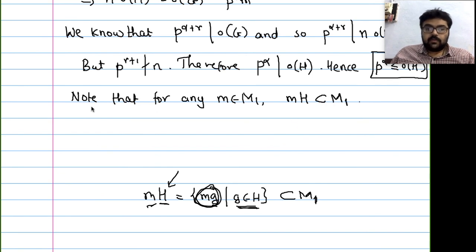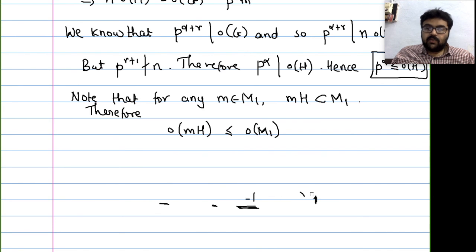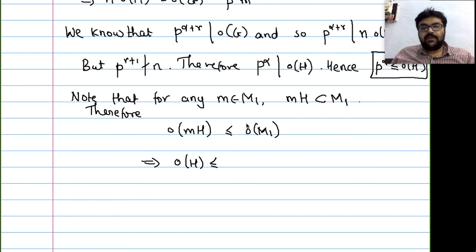Therefore, order of MH, the number of elements here, is less than or equal to the number of elements in M1. Right? But what is order of MH? H is a subgroup, M is also an element. So this implies order of H is the same as this, since these two are same. This is less than or equal to what is order of M1?